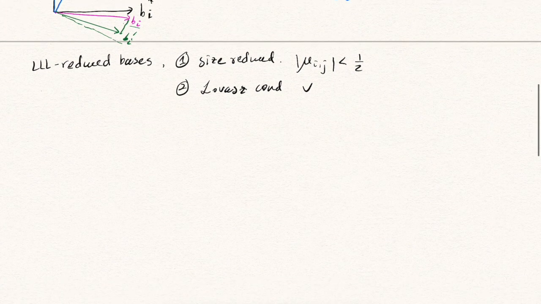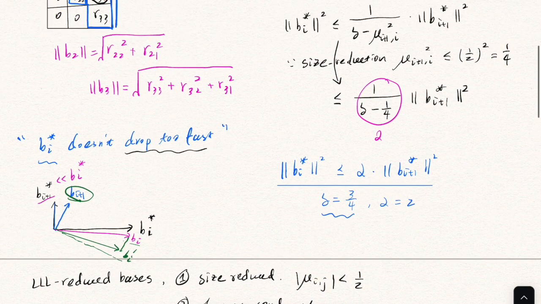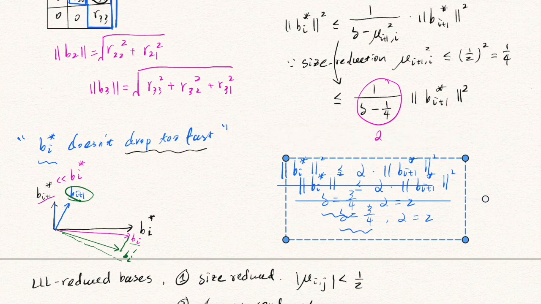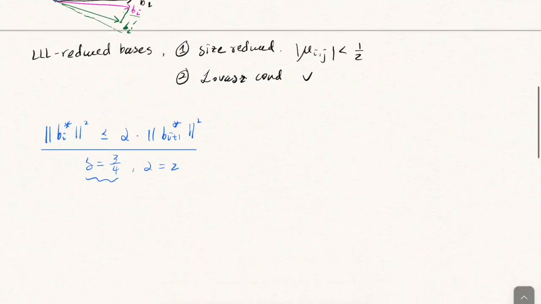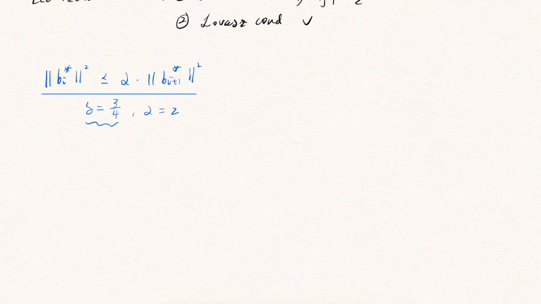So the next thing is I want to rederive the quality of the first vector of the reduced basis after the LLL algorithm, because last time I think I didn't do a good job explaining and deriving the theorem. So now, let's look at what we can derive from this.